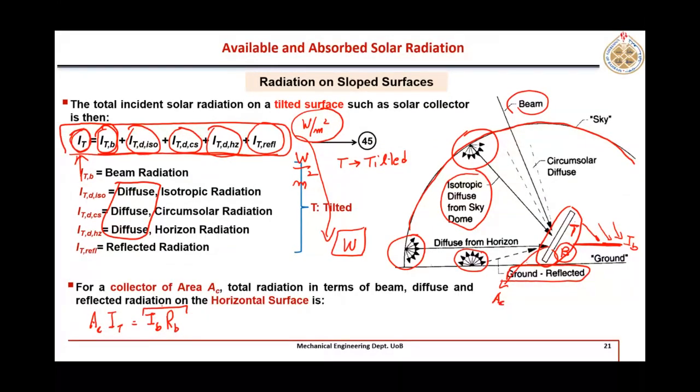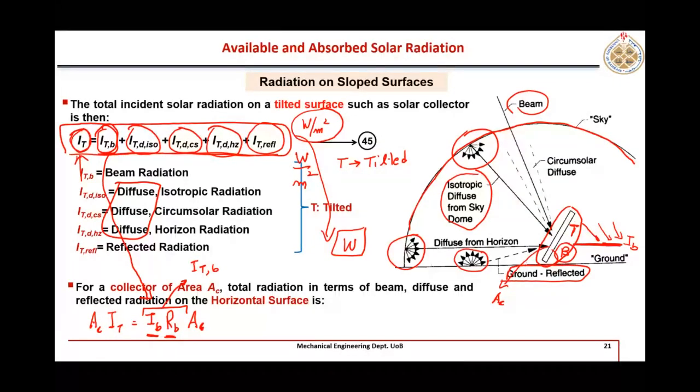Now this is I tilted of beam radiation, falling on that same collector area. So this one is written like this: I beam on a horizontal surface multiplied by this radiation tilt factor, multiplied by collector area.